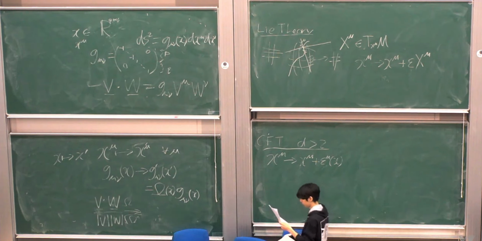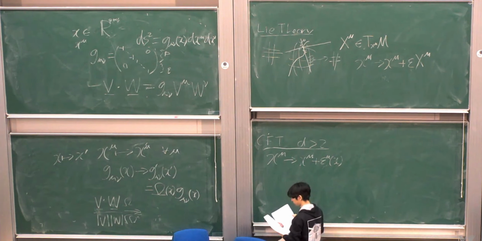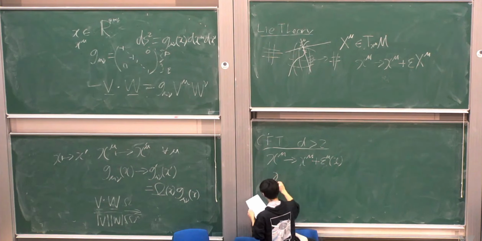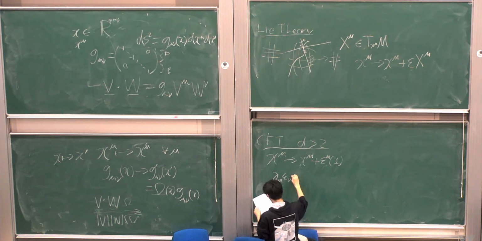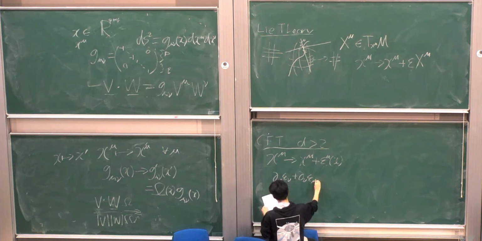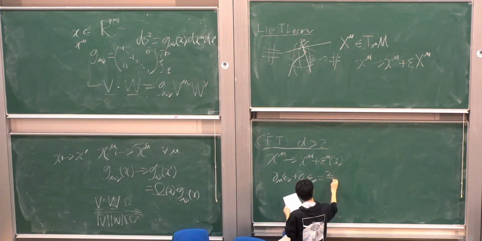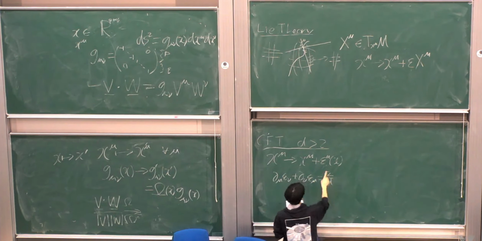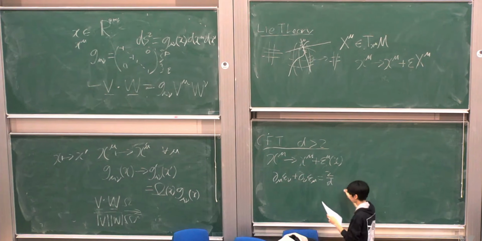It is... D is the number of dimensions of our theory.